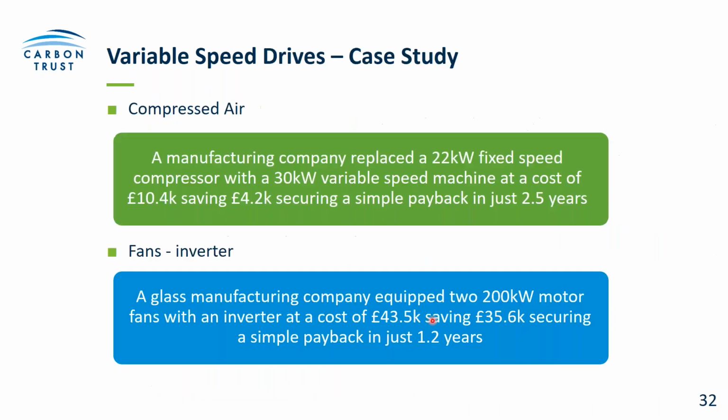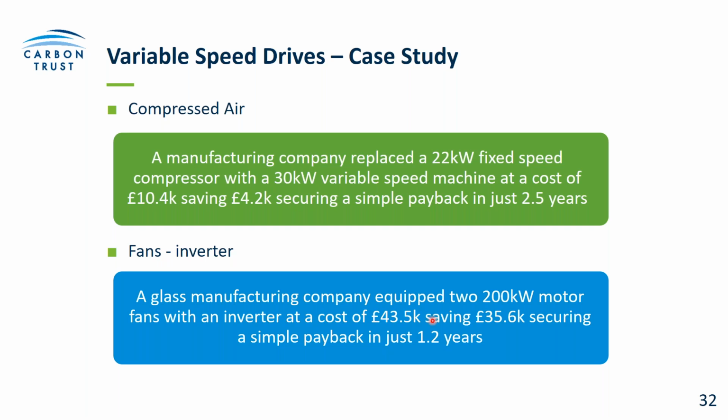And some other examples of that would include the use of variable speed drives on compressed air. You can see here that a manufacturing company replaced a 22 kilowatt fixed speed compressor with a 30 kilowatt variable speed compressor. So that would be replacing the entire system for a cost of in around £10,000, but that will then provide savings of just over £4,000 a year with a payback of just 2.5 years.